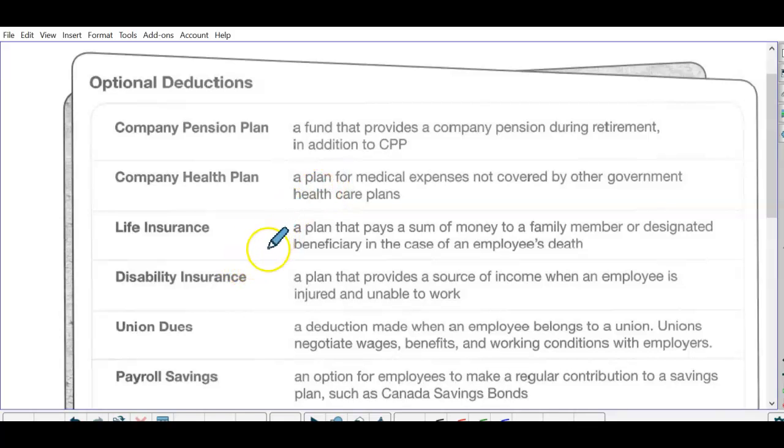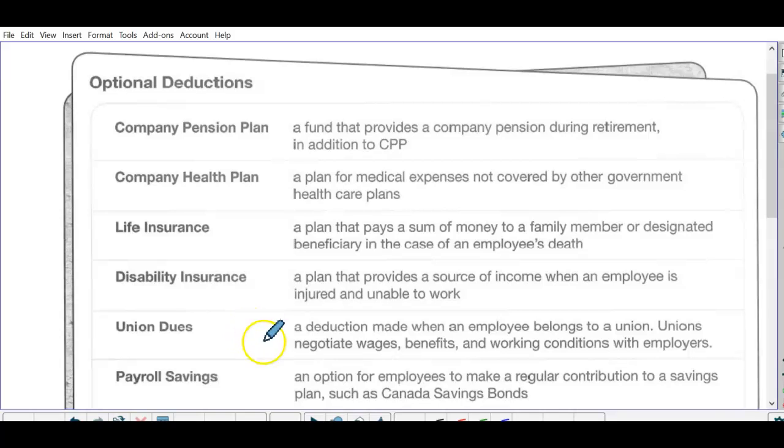Life insurance, again, is not at every company, and it may or may not come off your paycheck. It may be automatic that you get it. Disability insurance, again, that's if you get disabled through work, then you would get some insurance from that.